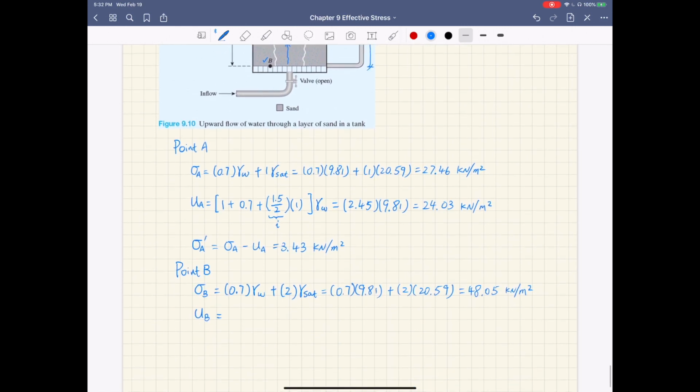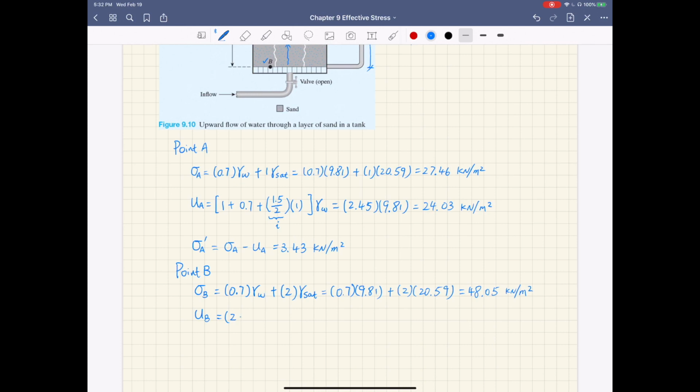So then the pore pressure at B is simply the height of the water, 2 plus 0.7 plus 1.5, which is 4.2, times the unit weight of water, 9.81. So the pore pressure at point B is 41.2 kilonewton per meter square. Finally, the effective stress at point B is sigma B minus U B, and this is 6.85 kilonewton per meter square.